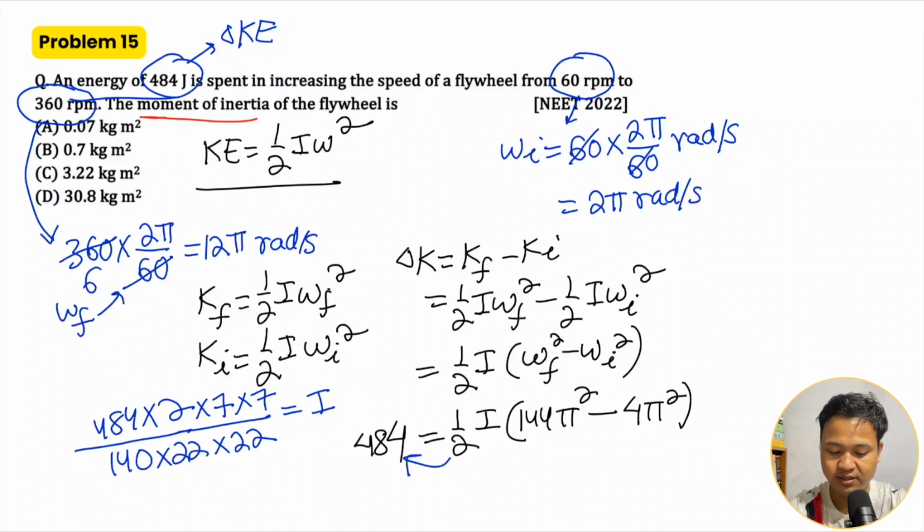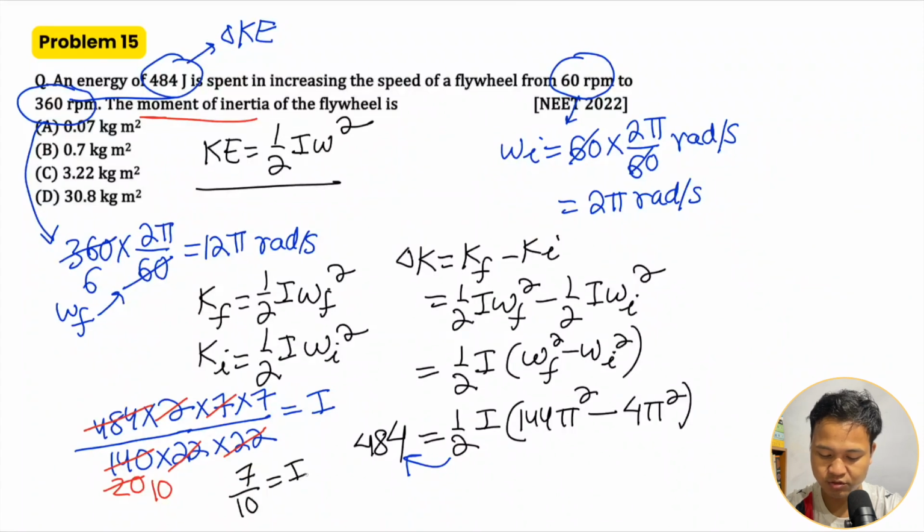So you solve this one: 22 into 22 is 484, which gets cancelled out, then 7 twos are 14, and so I is equal to 7 by 10, therefore I is 0.7. Option B.